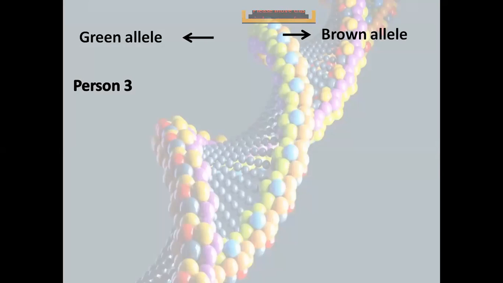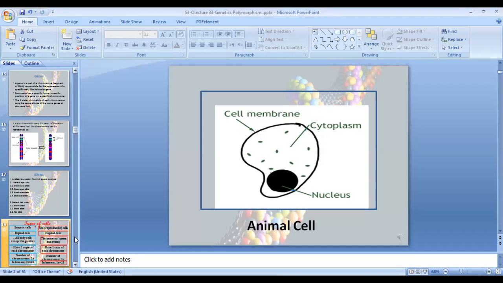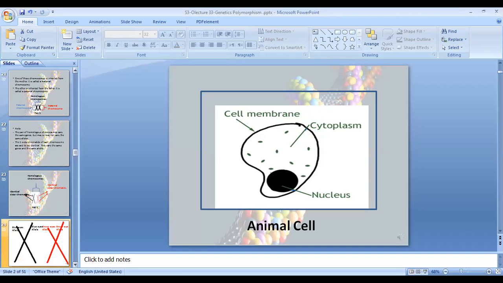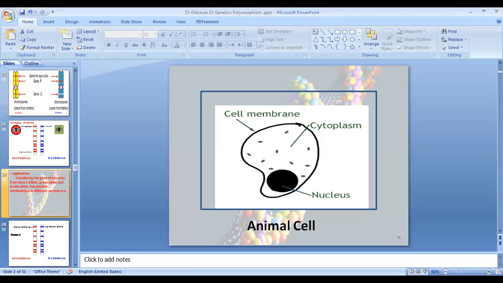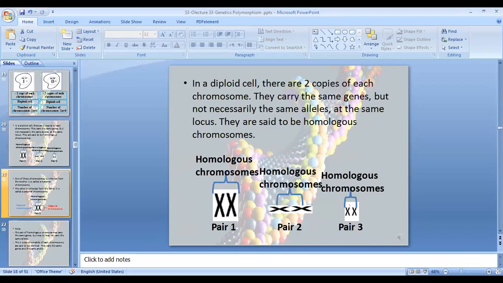So here we are talking about different modes of inheritance, either from paternal or maternal origin. These are referred to as paternal or maternal, the chromosome inherited from the father and the mother. In person one, it's inherited from the father, so it's called paternal.